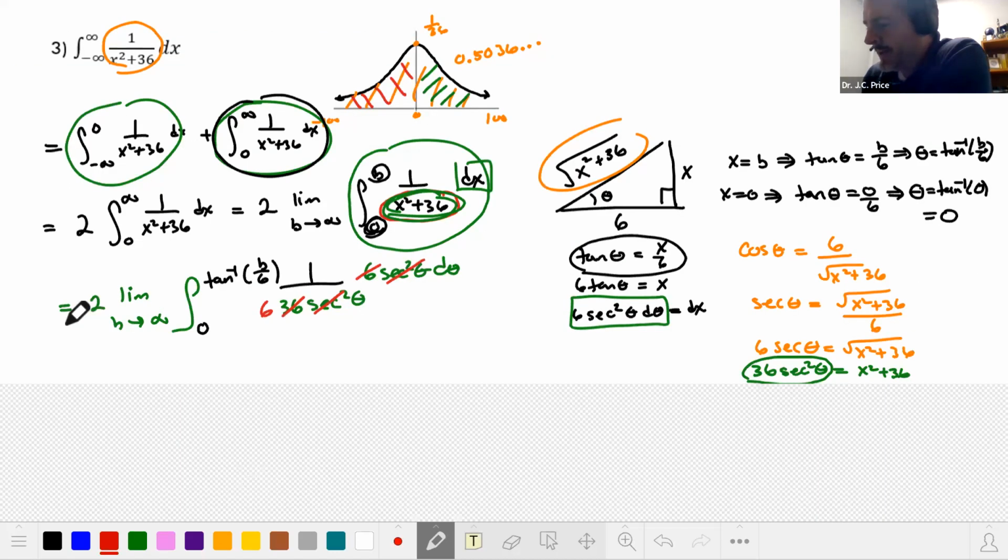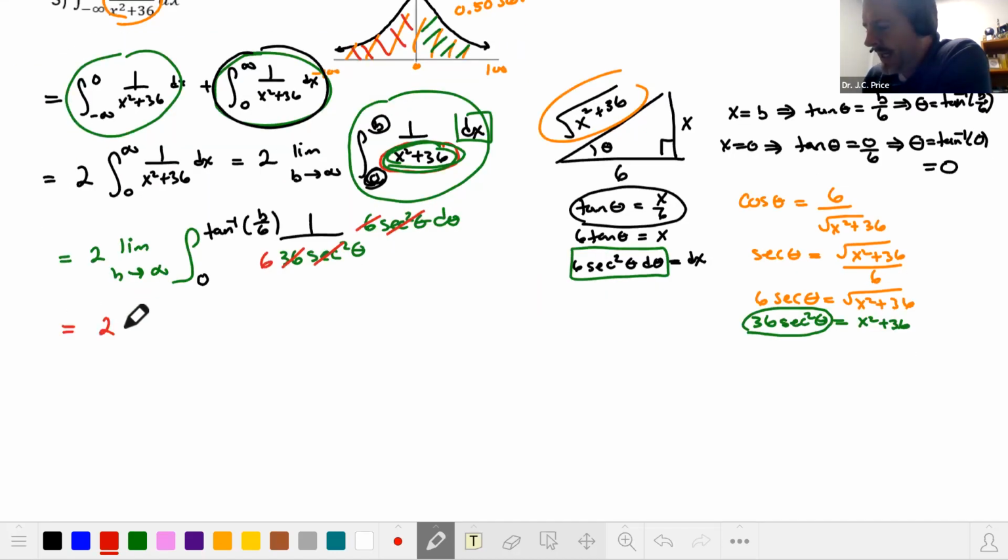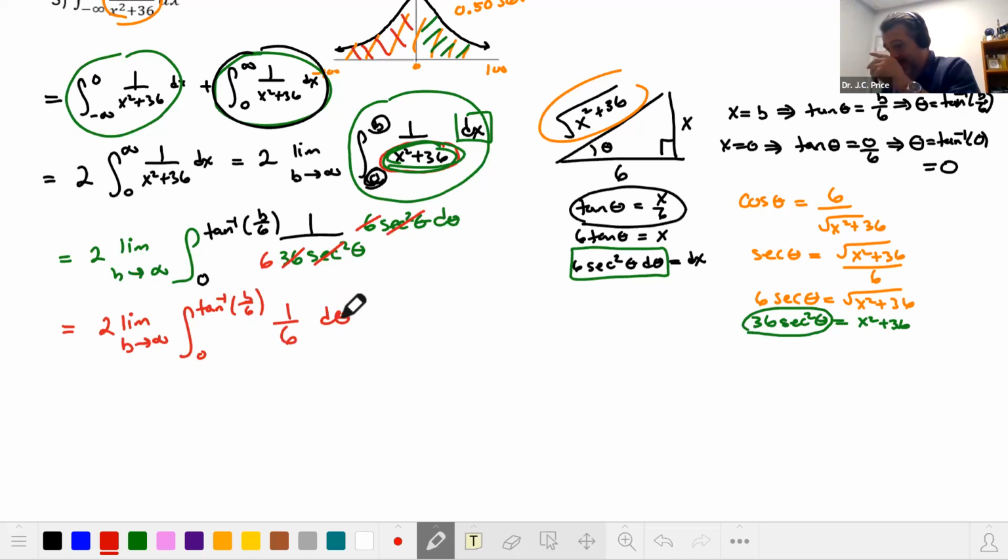And so down here, I have 2 times the limit as b goes to infinity of the integral from 0 to tan inverse of b over 6 of 1/6 d theta. I can pull that 1/6 out in front if you want.